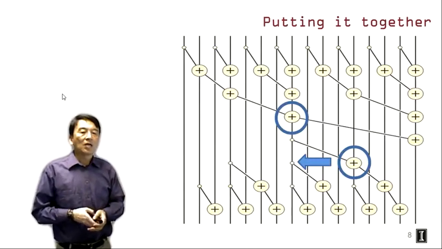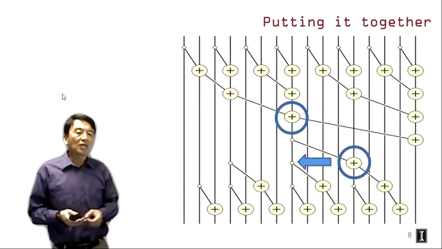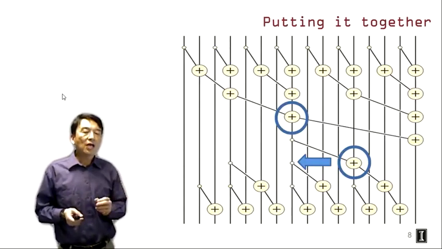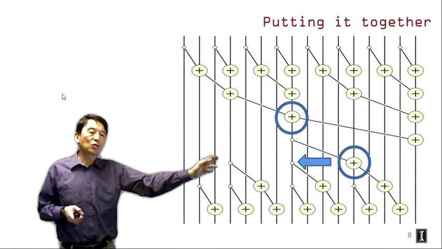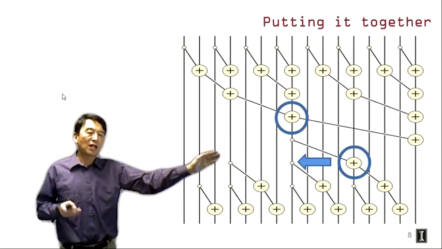However, if you look at these positions, it's actually pretty hard to map the thread indices into those positions. It's kind of awkward. So what we're going to do is map the threads into the left.